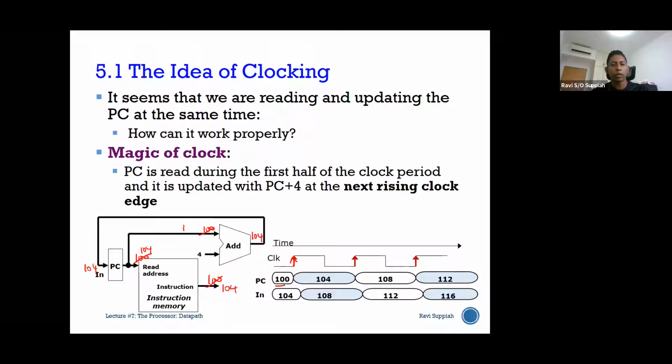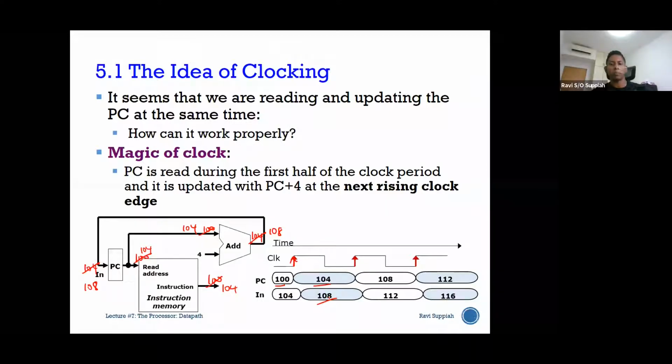And when 104 comes in, I will add 4 and generate 108, which will stand by at the input. So when my program counter is at 104, 108 is already at the input side of the program counter.